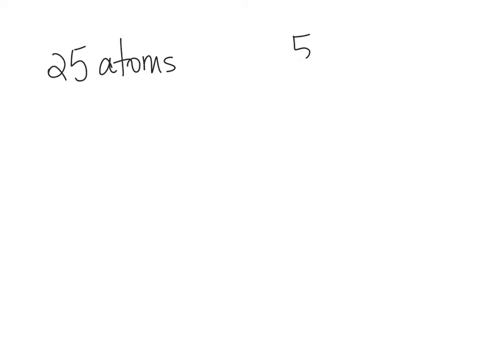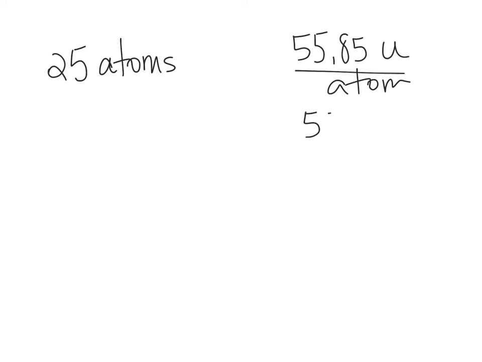So it's 55.85 atomic mass units per atom, or 55.85 grams per mole. So if you want atomic mass units, you just multiply these two numbers, right? But you don't use that number again.